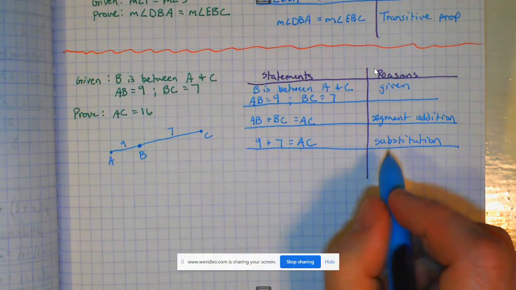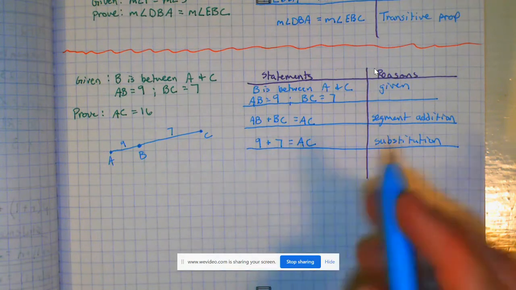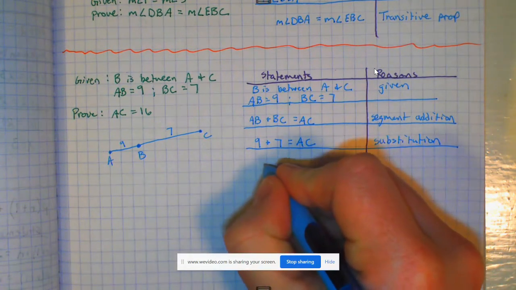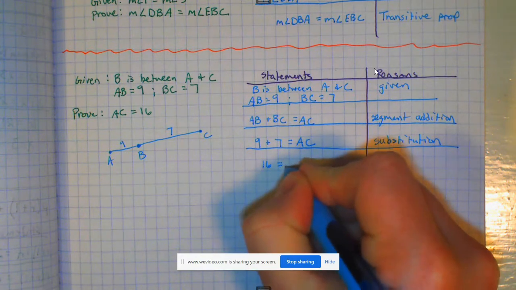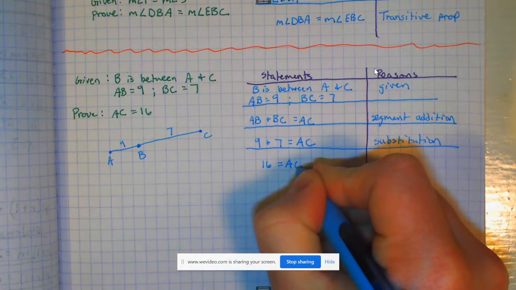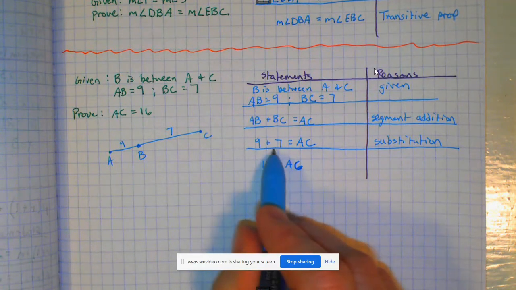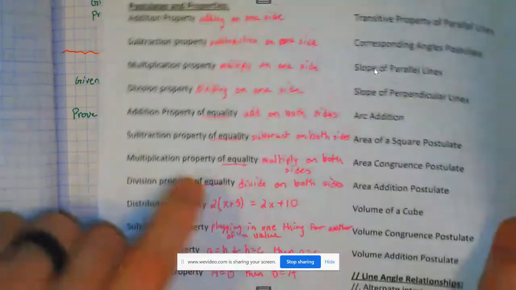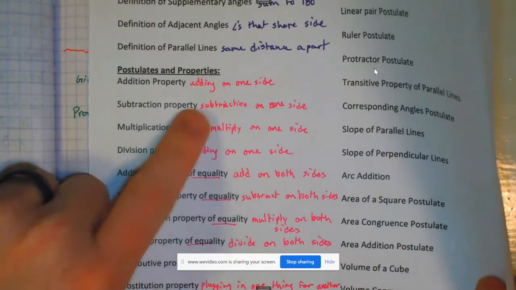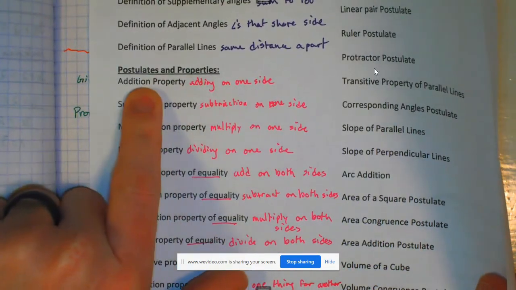Well, here I can take 9 plus 7, and 9 plus 7 is 16, equals AC. And what did I do there? I added on the same side. According to my sheet, when I add on the same side, that is the addition property.